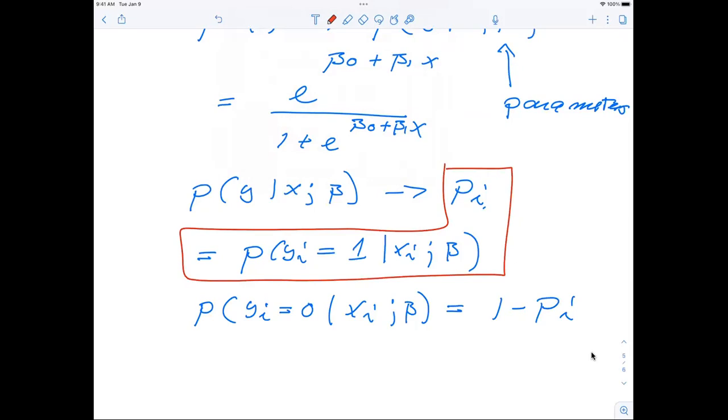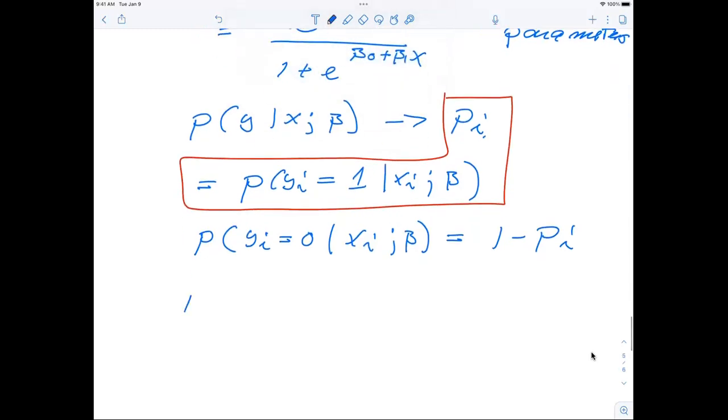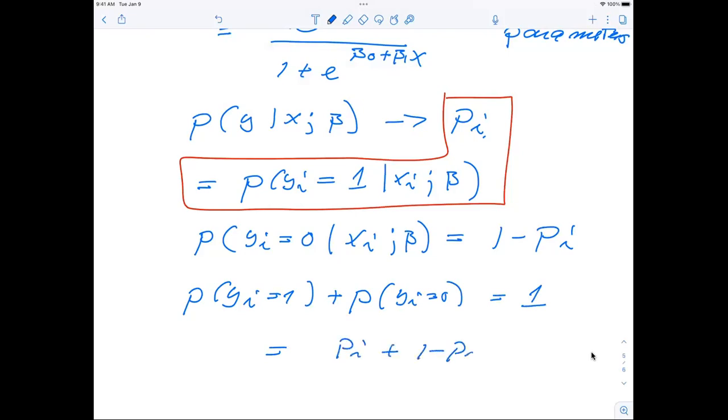So if I take now the probability of P of i, y equal to 1, plus P, and I'm skipping x of i, y of i equal to 0, this simply sums up to 1, because that is the same as P of i plus 1 minus P of i.